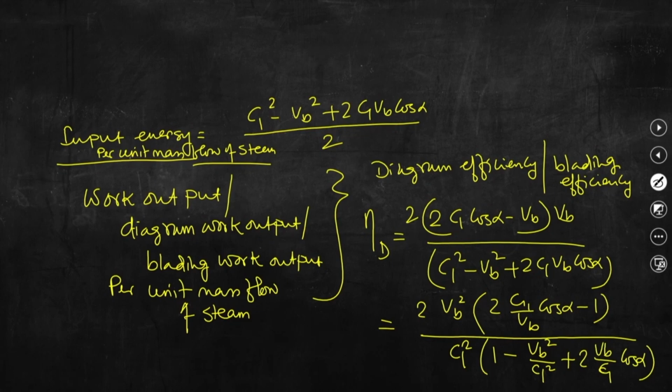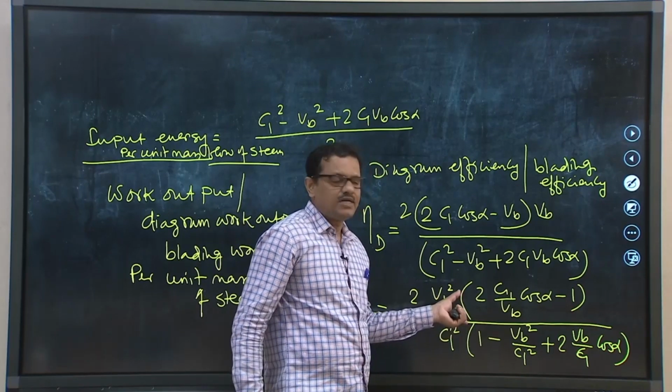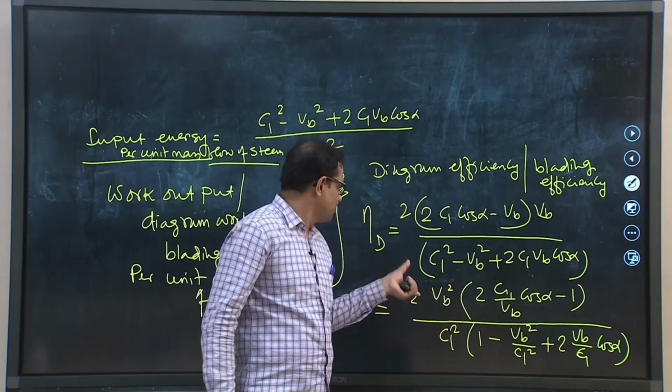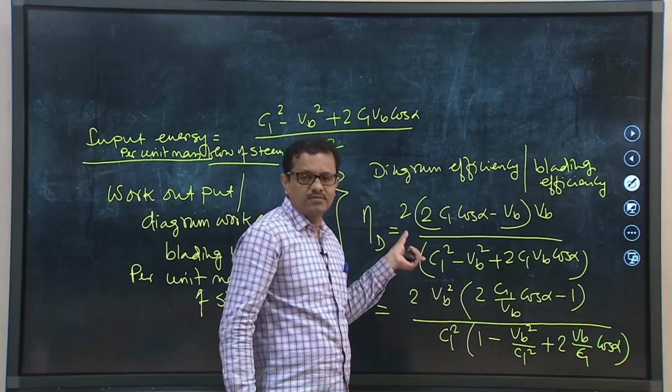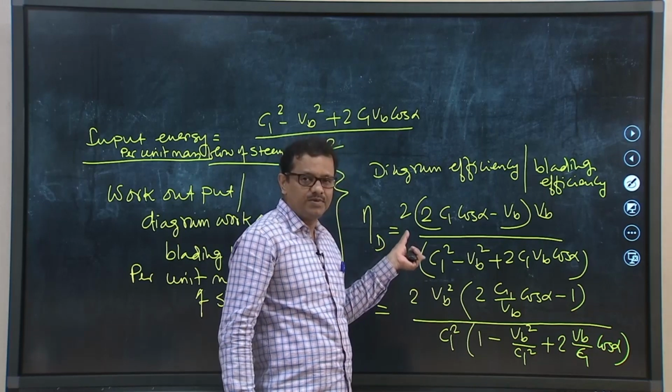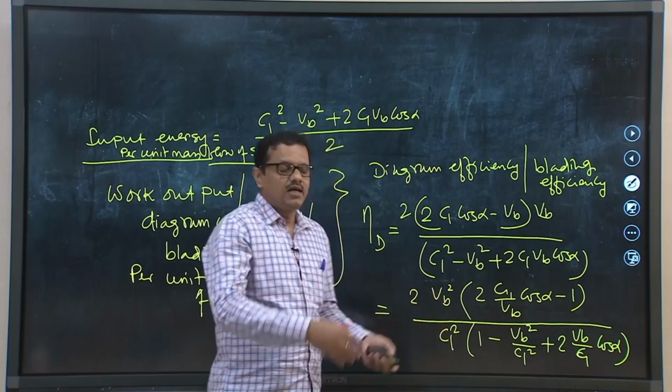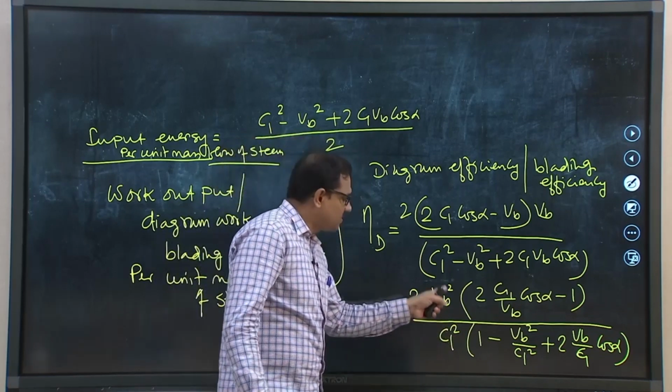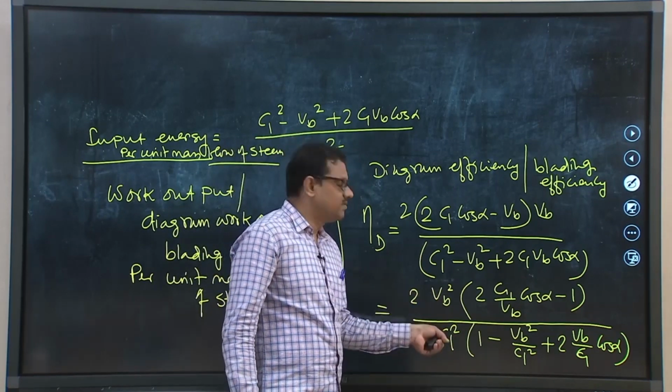We can see that the ratio Vb by C1 is there. So, we also try to cast this expression of blading efficiency or diagram efficiency in terms of the velocity ratio, that is Vb by C1.